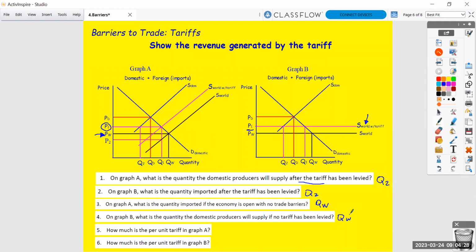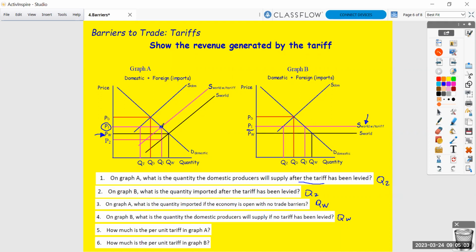This is very similar to what we did when we talked about taxes in micro. To figure out this per unit tariff, we go to where the domestic demand intersects the new supply, right here at the supply with world tariff. Remember, shifts in the supply curve when working with taxes are a parallel vertical shift in the amount of the tax.